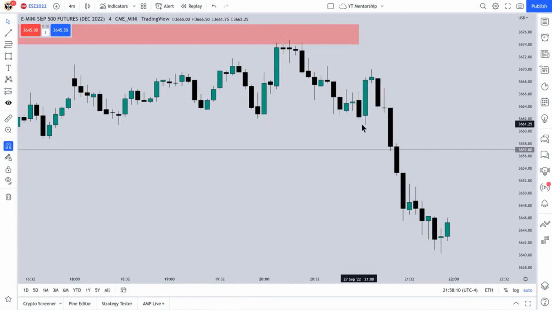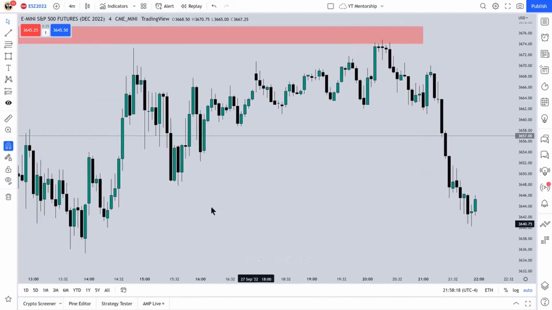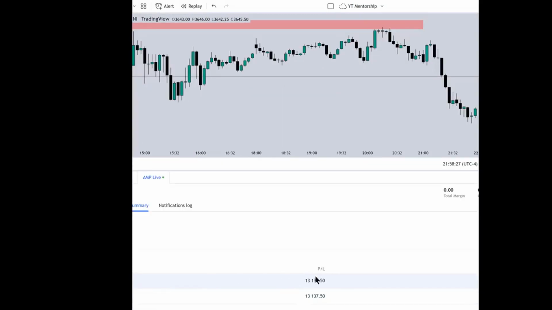Shift in market structure. Right in here. Overshoots it a little bit, but that's fine. Below the low here. And you can see your demo accounts don't put your profit and loss down here.